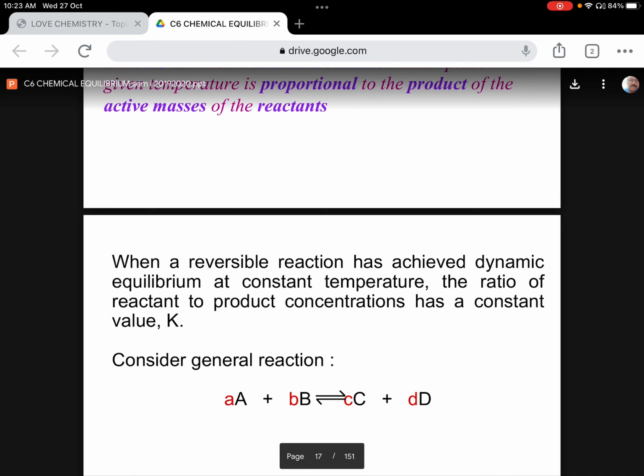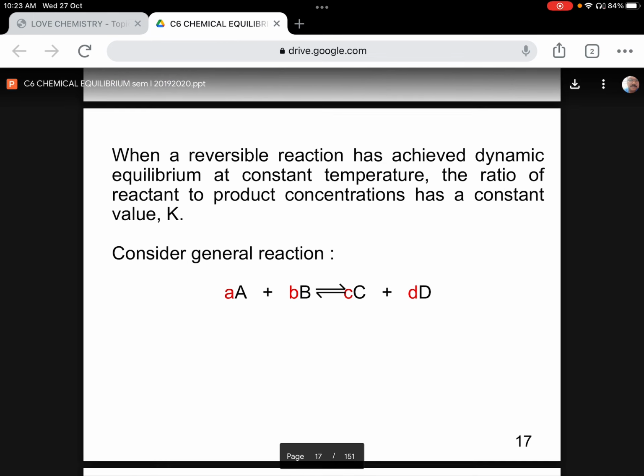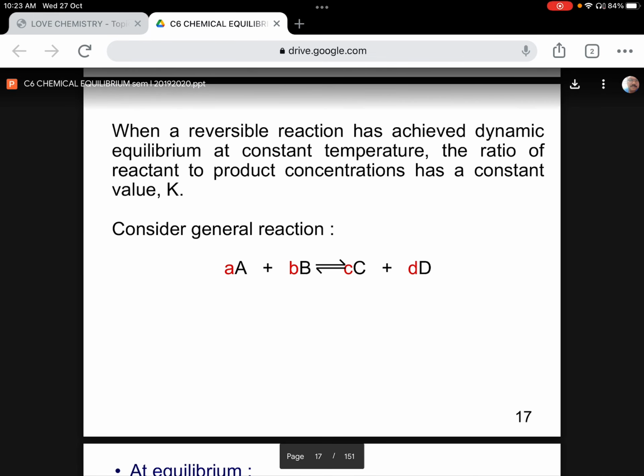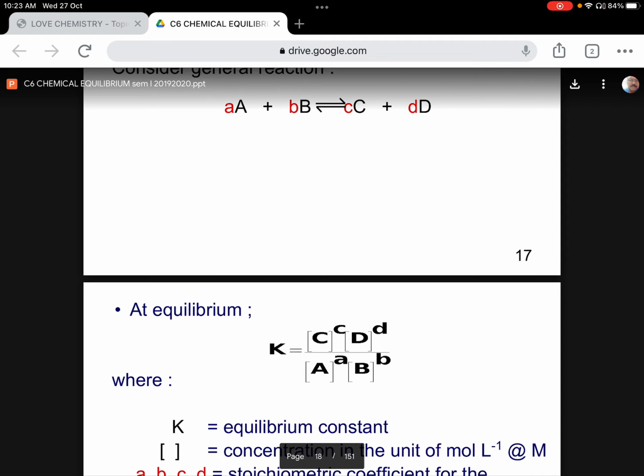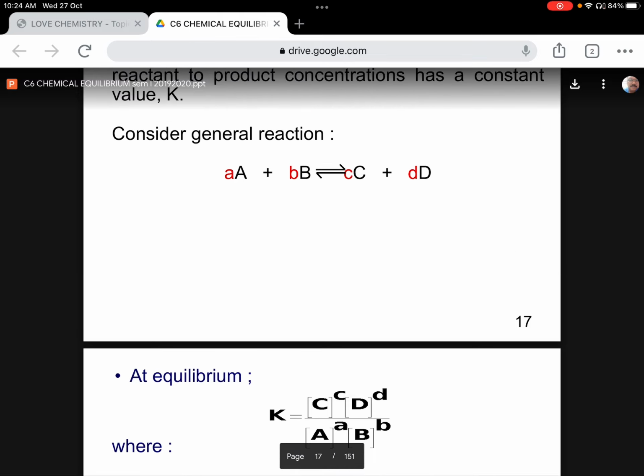When a reversible reaction has achieved dynamic equilibrium at constant temperature, the ratio of reactant to product concentration has a constant value K. So let's say we have A plus B in equilibrium with C plus D. We can write the equilibrium constant K as follows: C to the power c, D to the power d, divided by A to the power a, B to the power b. This is the expression for the equilibrium constant.